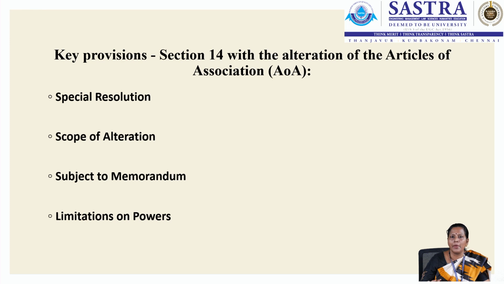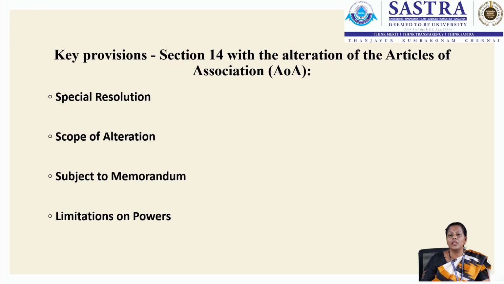If a particular change is made in the articles of association with the objective of favoring a particular member, then such changes are definitely not allowed. And if they come with a change in the articles of association which affects the interest of the minority shareholders, even these kinds of changes are not accepted. So they cannot come with a change in order to favor a particular member.